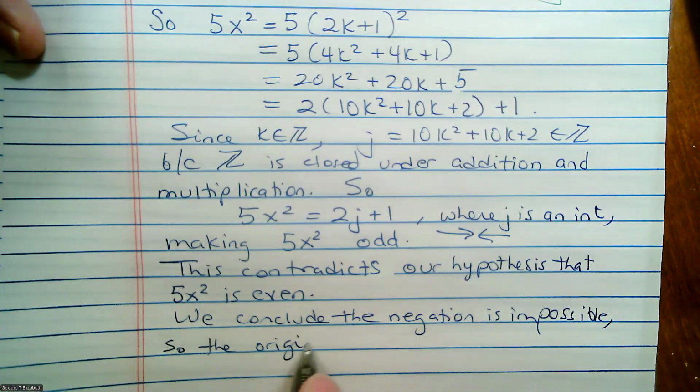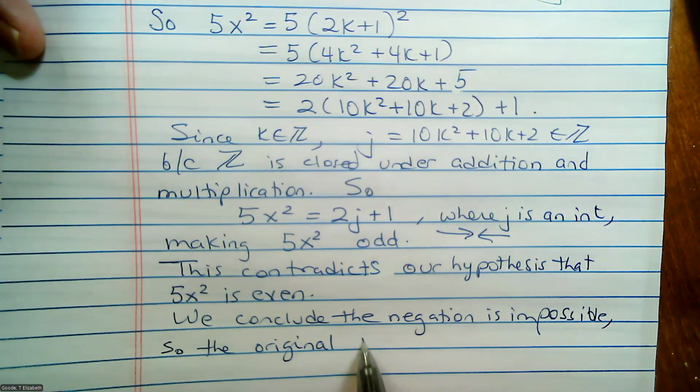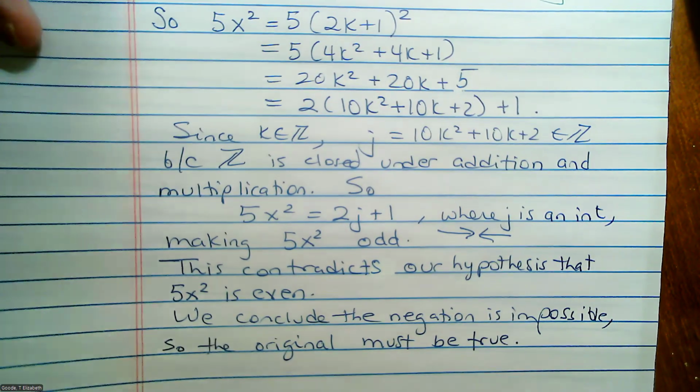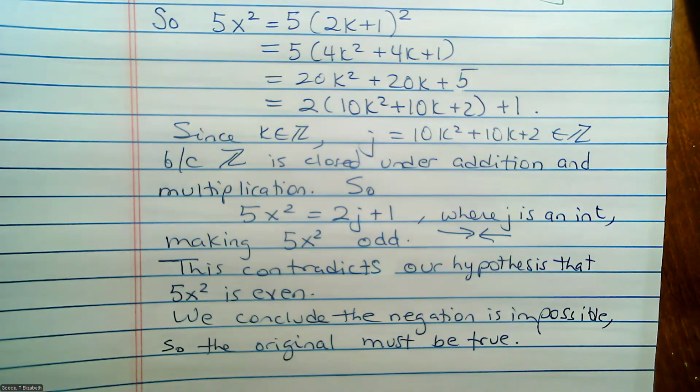So they're very similar in terms of the algebra, but it's a little more mysterious to write a proof by contradiction because you might not always actually see what that contradiction is going to turn out to be. Okay.